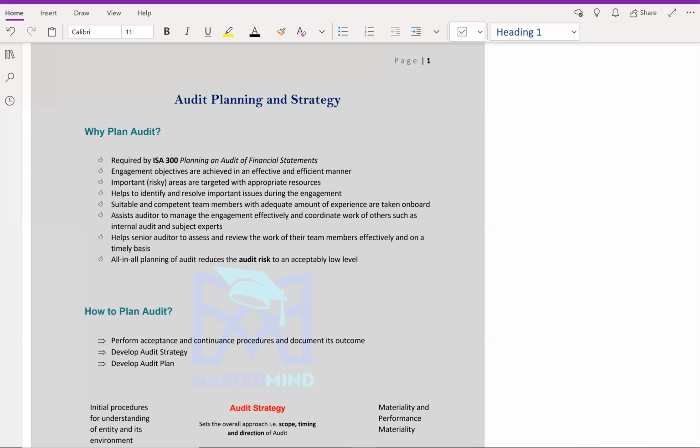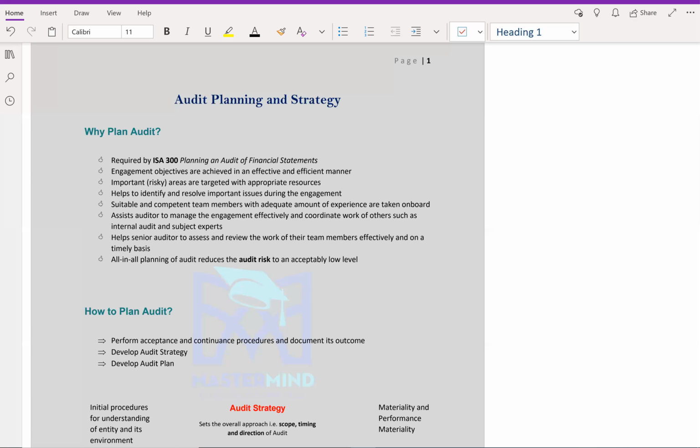Helps senior audit to assess and review the work of their team members effectively and on a timely basis. Obviously, if you have certain deadlines, certain timelines aligned within your team, the senior can easily target or test or assess each person's work individually, right? So, for example, if I audit, let's say, the property, plant, and equipment area, if that is a major area, and if during planning you've already assessed that it will take time, and it's a risky area, obviously the audit senior will also allot me the required time for review.